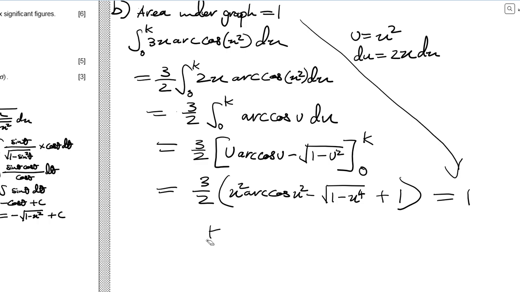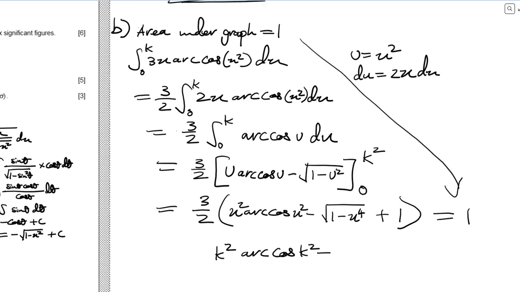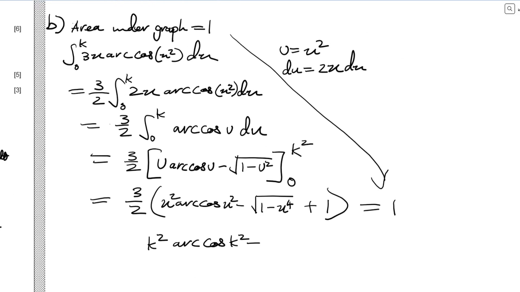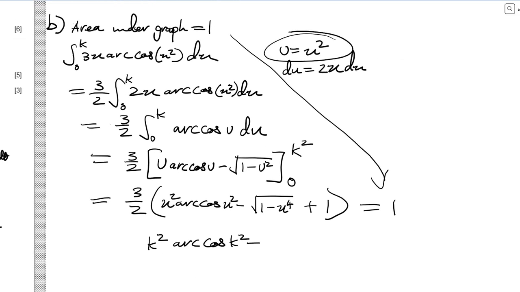Now let's solve that. Let's do k squared arccos k squared minus... An important thing to remember, which I forgot to do, is that when we change our variable to u, we need to change our bounds as well.